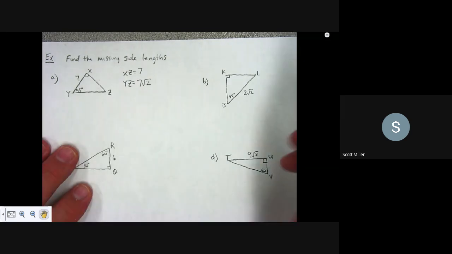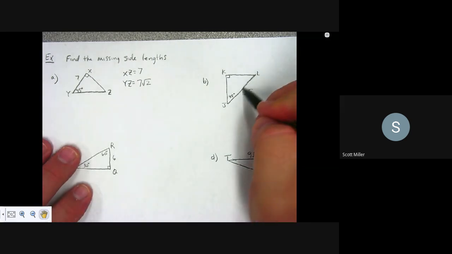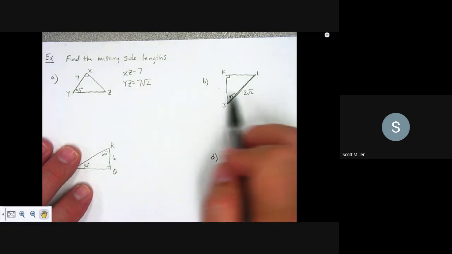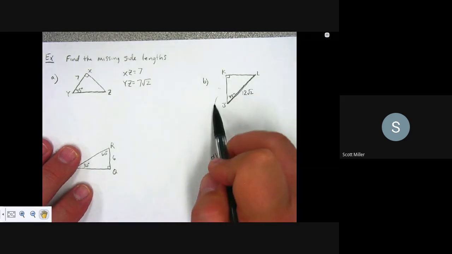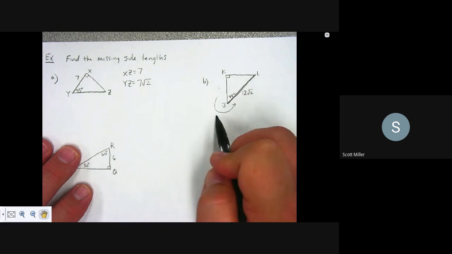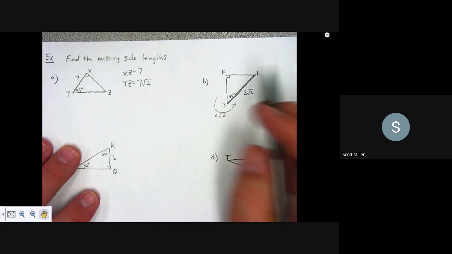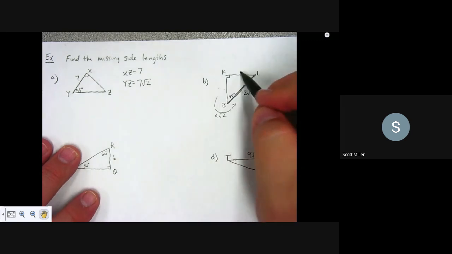Okay. If I go over here, notice I gave you the hypotenuse in this example. Well, whatever this side is, to get to the hypotenuse, I multiply it. So this here is times the square root of 2. So if I want to go back, I just simply divide by the square root of 2. So this tells me, and then these two things are exactly the same.